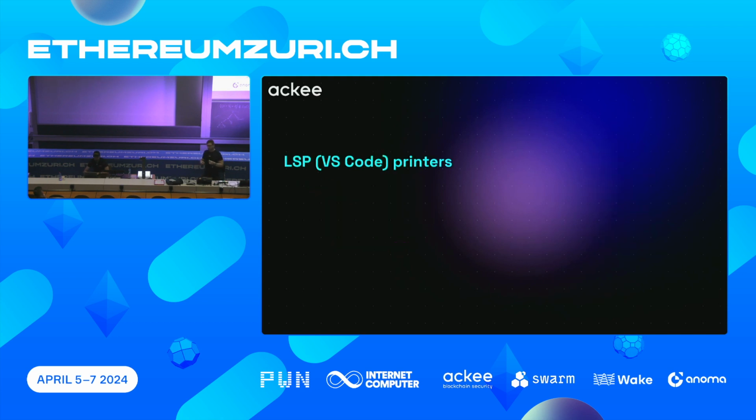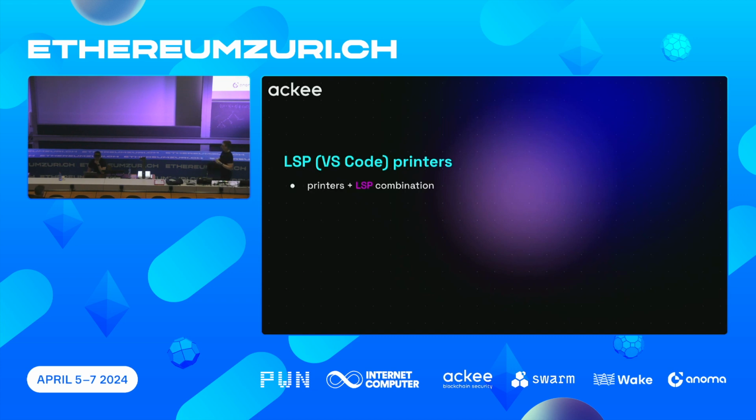And now, what are LSP or VS Code printers? As I showed you, printers can print anything or generate some files, but does it make sense to use it in LSP or in VS Code? It's like you can print something, but not to VS Code. Or why would you do that? Or what does it mean?